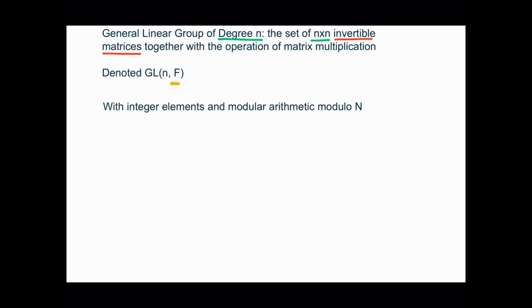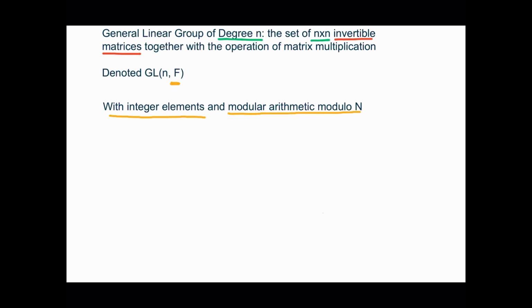Now this with integer elements and modular arithmetic modulo n portion is what is going to help us determine the field F. Firstly, this with integer elements portion specifies that the elements in our matrices have to be integers, no decimals or anything of that nature. Secondly, this modular arithmetic modulo n portion specifies that the elements in our matrices are limited to the resulting integers that are obtained from taking any integer mod n.